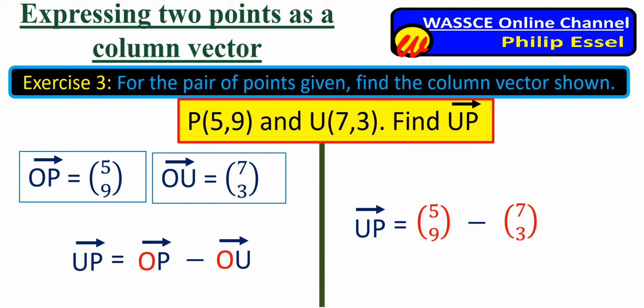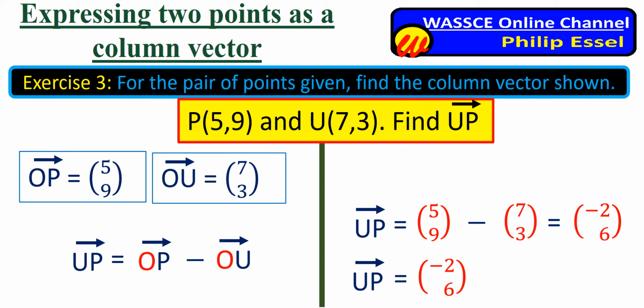When you subtract the vector (7, 3) from the vector (5, 9), you would get the vector (-2, 6). This means that our vector UP is equal to (-2, 6).